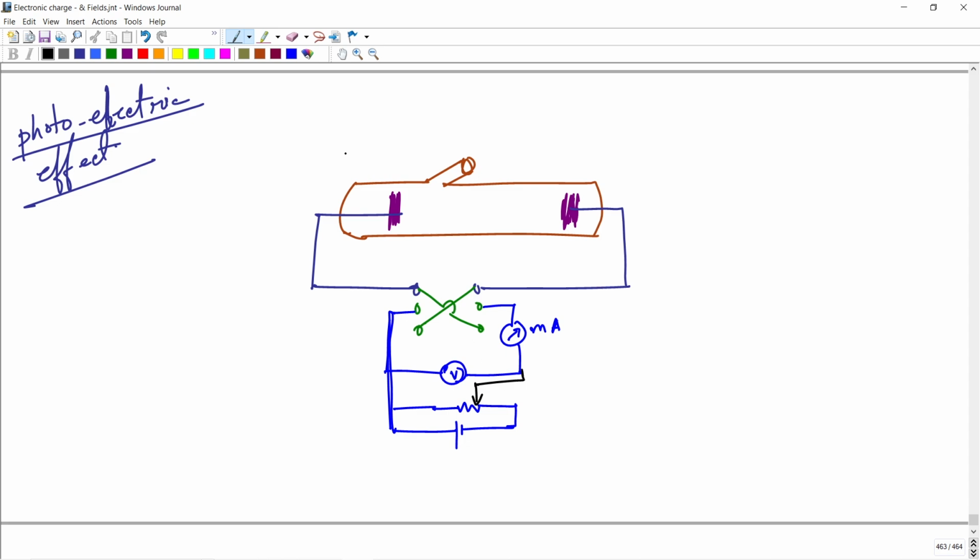These two electrodes are obviously photosensitive. This plate is a photosensitive plate. This plate is called plate C and this plate is called plate A. This plate is also called the emitter plate, and this is called the acceptor plate.